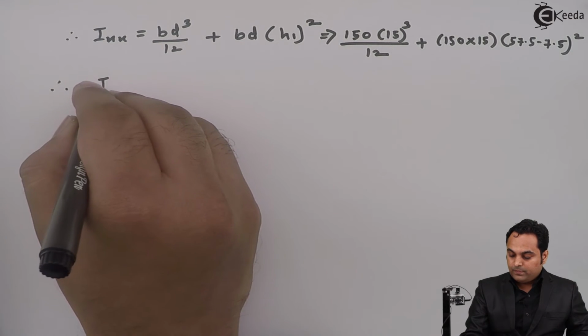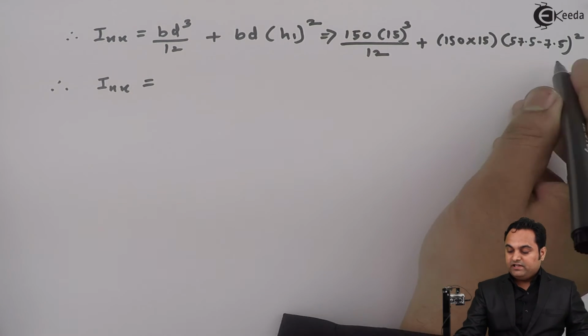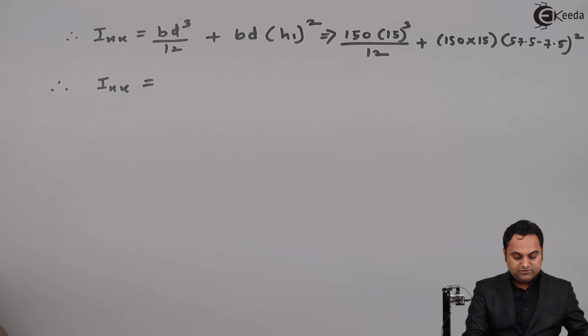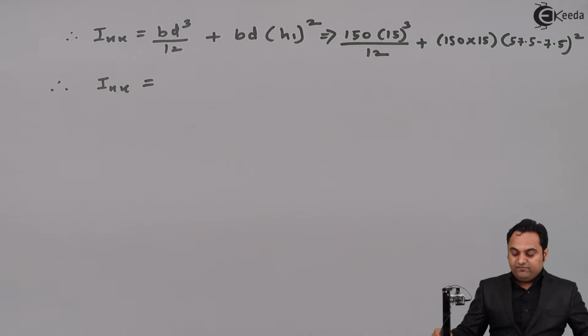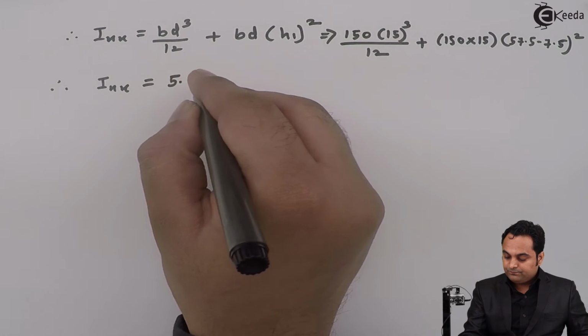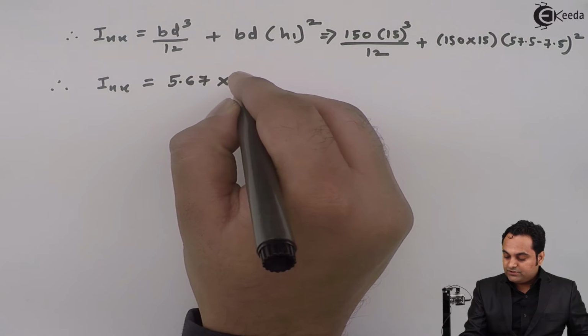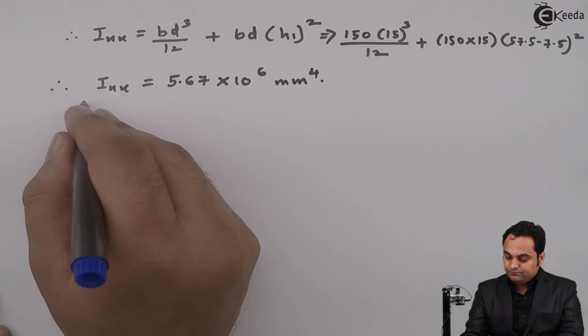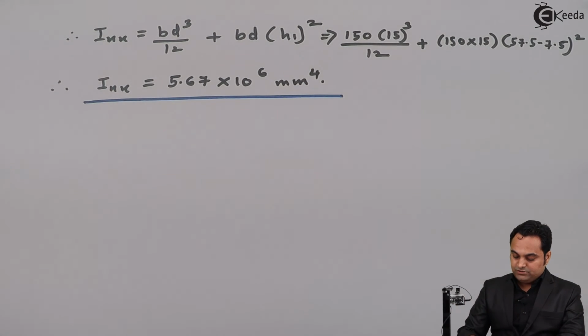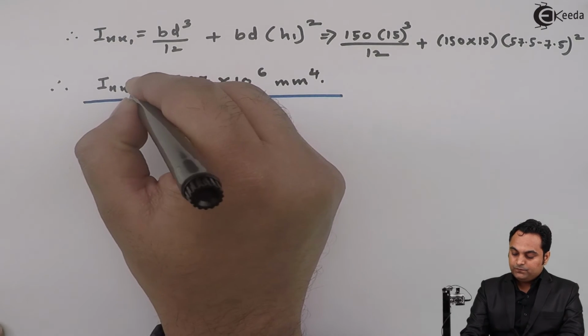If I calculate this throughout, Ixx1 comes out to be 5.67 into 10 raised to 6 mm raised to 4.